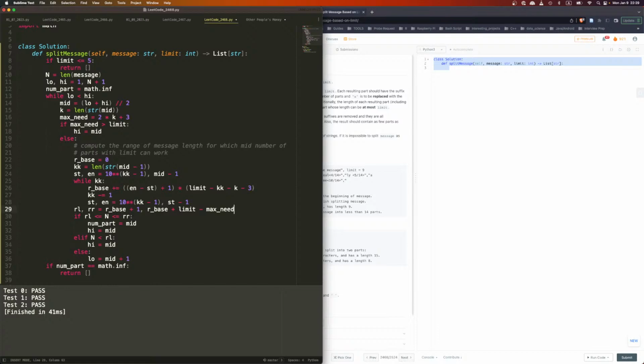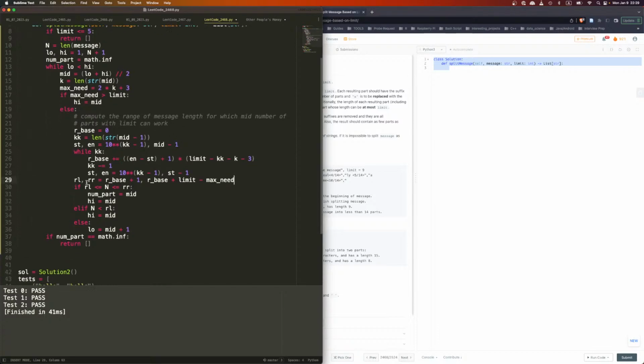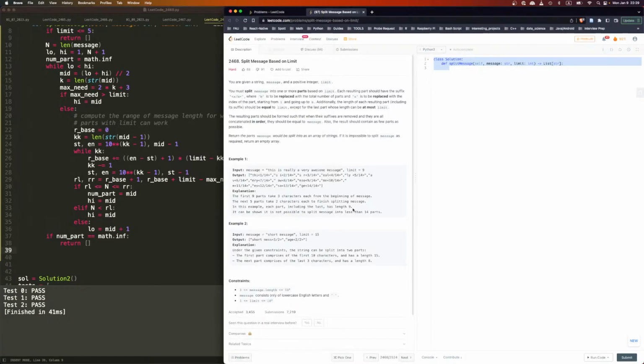Okay, so this is the range, and then once we're done, we're coming out. Now we have the num parts, right? So we need to actually do this. What we can do is start from the front, because we know the number of parts.